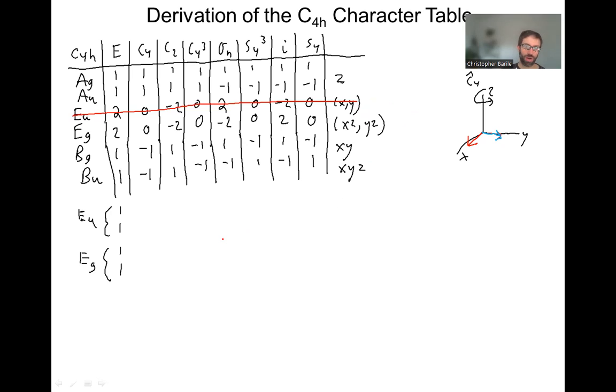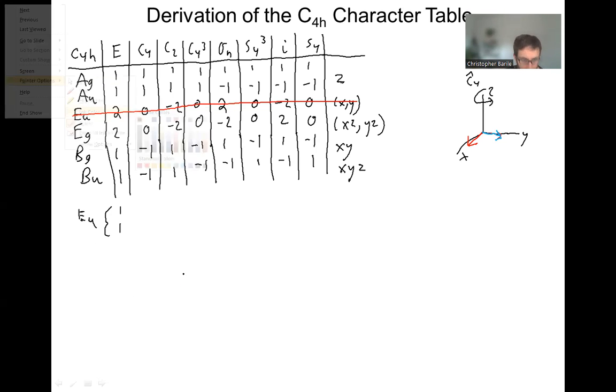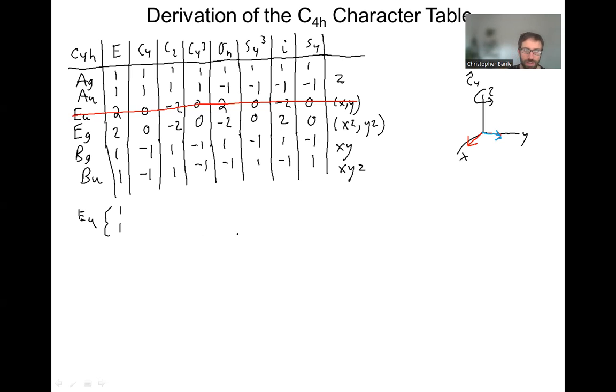One way that you can think about this is, just for sake of space, I'm going to erase this one. We'll do this one later in the video. But first, we're going to start out with EU. You can think about this: this is x and y. So what if we think about the function x plus iy?